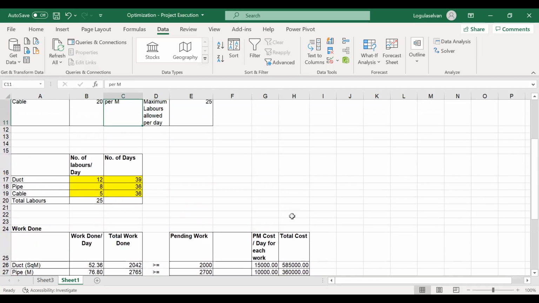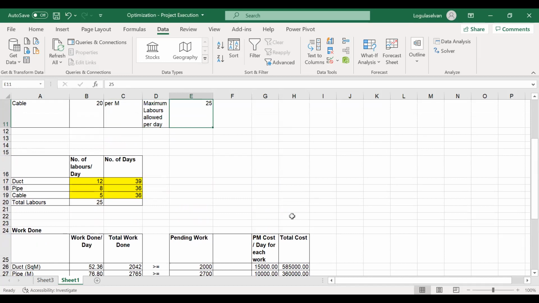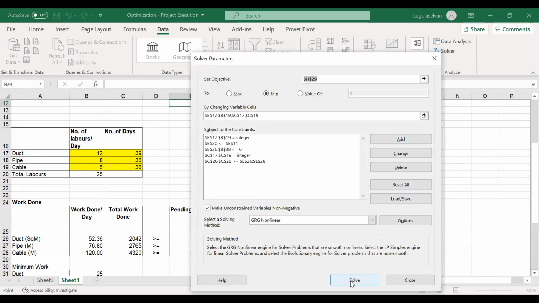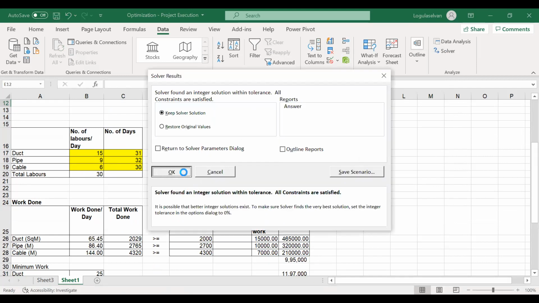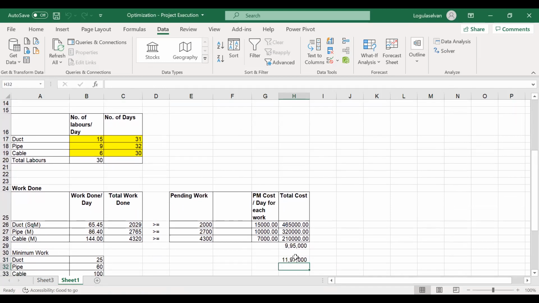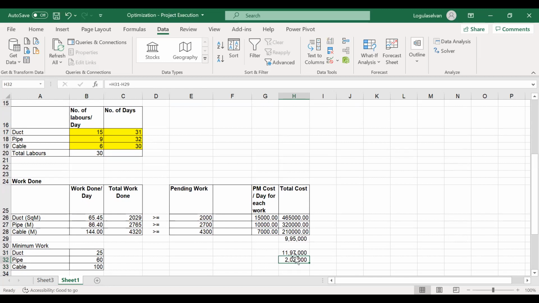So in case I'm discussing with the customer and I'm increasing this limit to 30 numbers, now again I'm clicking solve and I will be getting a solution of 9,95,000. So with that, I can save the project management cost of around 2,02,000 rupees.